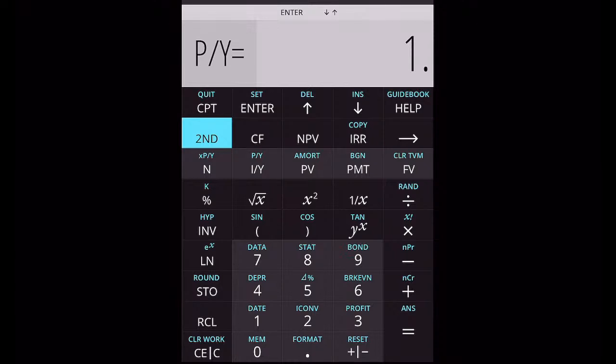But the idea is whatever it is that you're looking at, whether it's quarters or semi-annual periods or annual periods, you have to modify your variables or what you're putting into your formula so that they correspond to the timing of compounding. So the timing of compounding, if the compounding happens every year, then it's once a year.